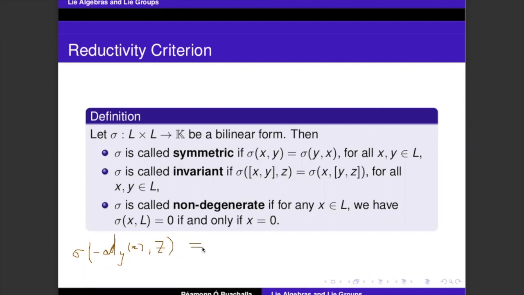And this should be equal to, this is what the requirement is, X of ad Y of Z. So it's sort of looking like, when you have an inner product, you can take this operator and bring it over to the other side at the cost of a minus.